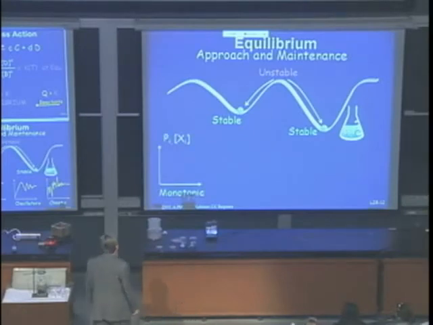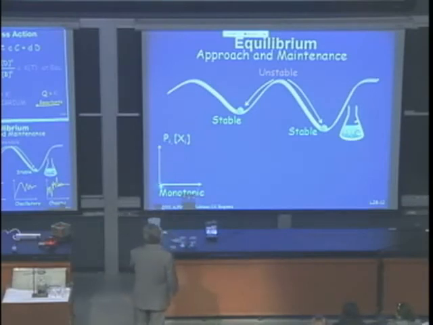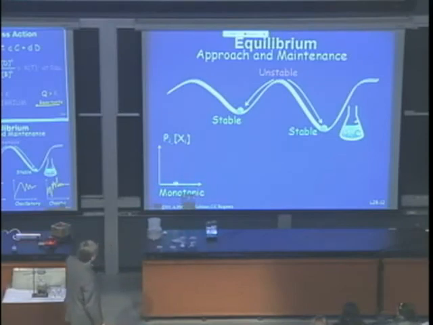So there are several kinds of equilibria, and we want to look at some of them here. If I plot here the reaction time, that would be as the reaction proceeds, and I plot here the concentration. You would have a reaction that monotonically goes, and then it comes into equilibrium, all right?